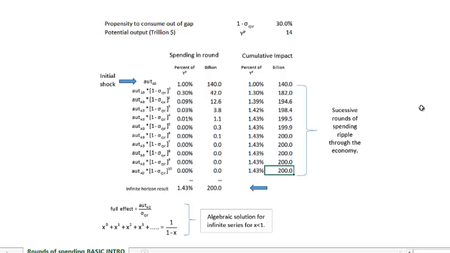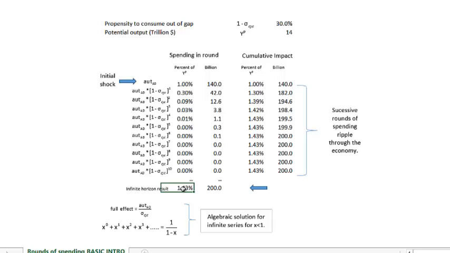And once again, that's not an accident. So we find that our initial shock of 1% has meant an increase in total spending that has rippled through the economy that is greater than that initial 1%.